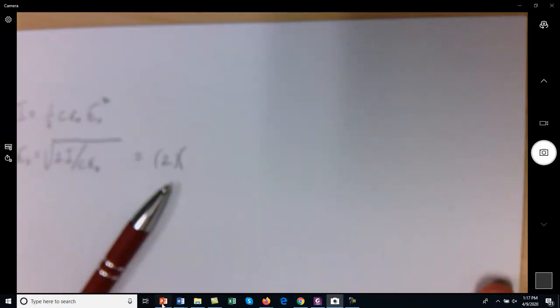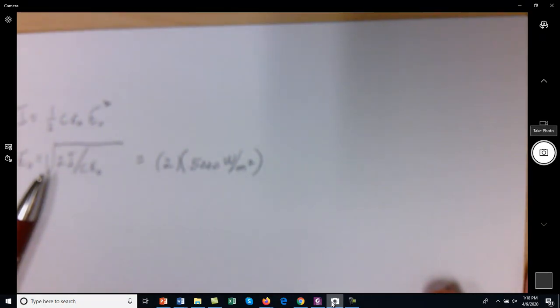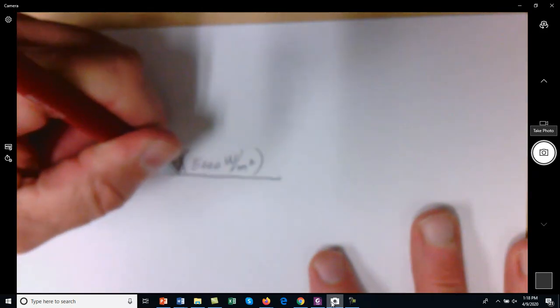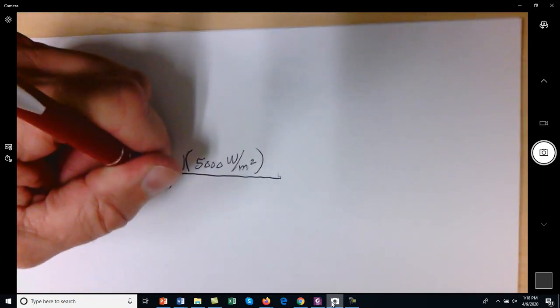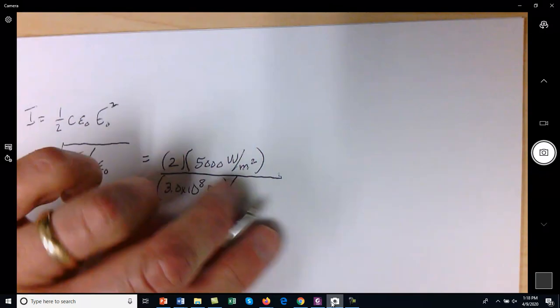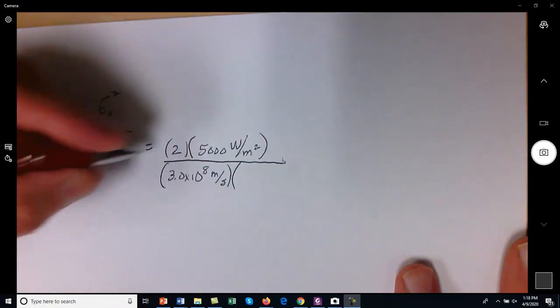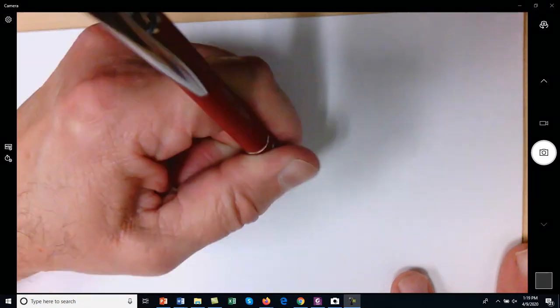Okay, so I have then 2 times, go back to our example problem, 5,000 watts per meter squared, divided by the speed of light, 3.0 times 10 to the 8th meters per second, times our emissivity constant, which is 8.85 times 10 to the negative 12.